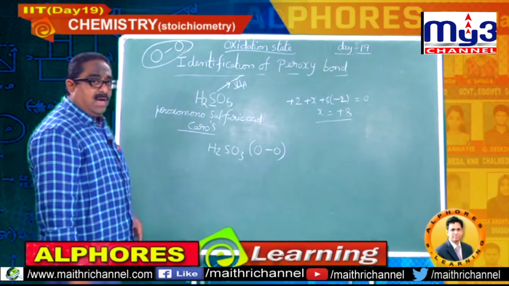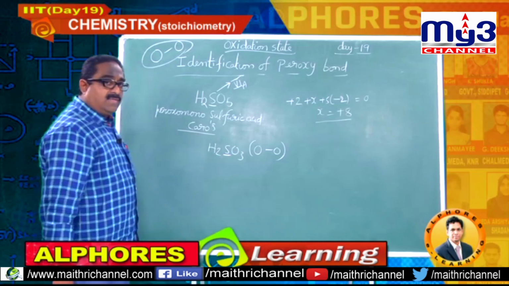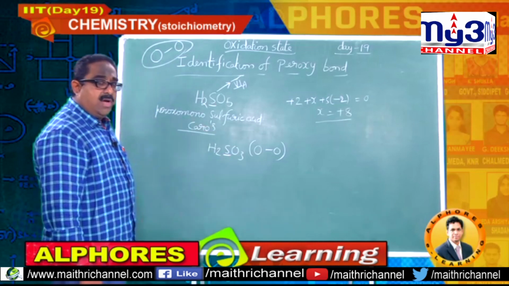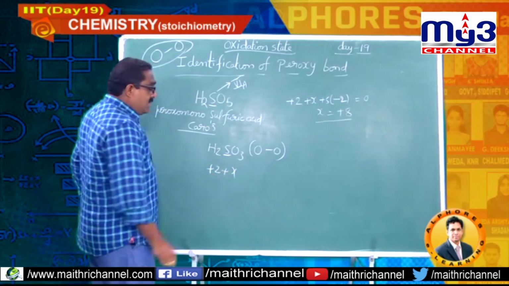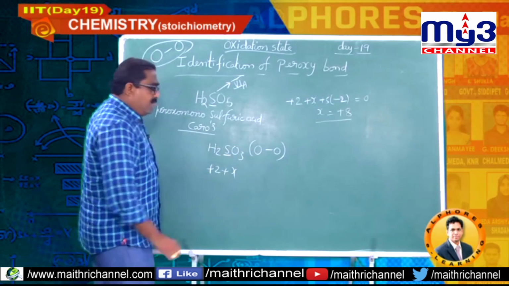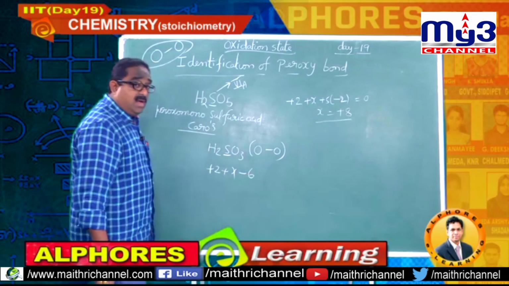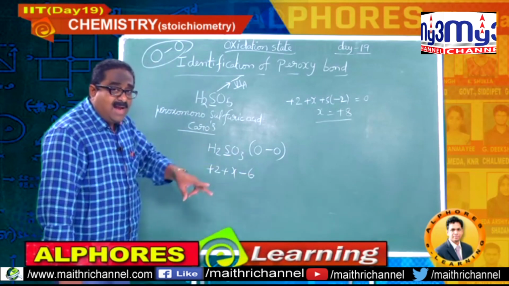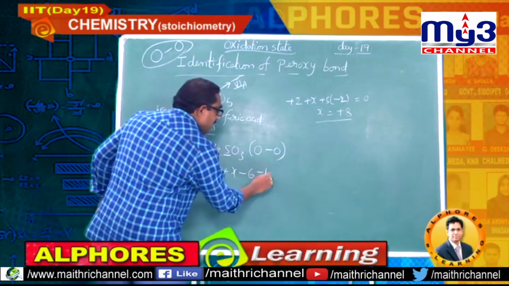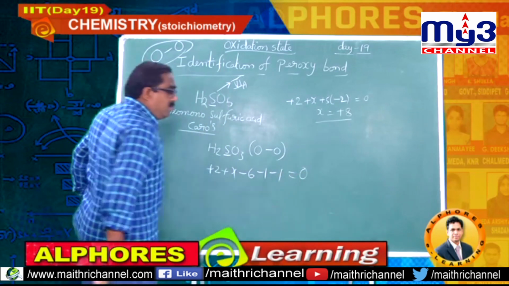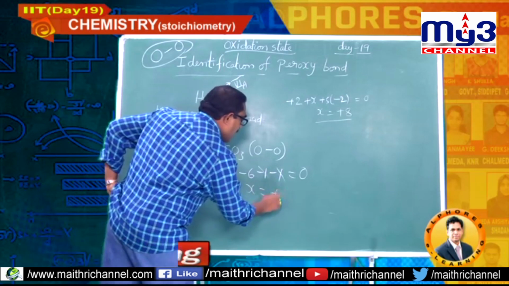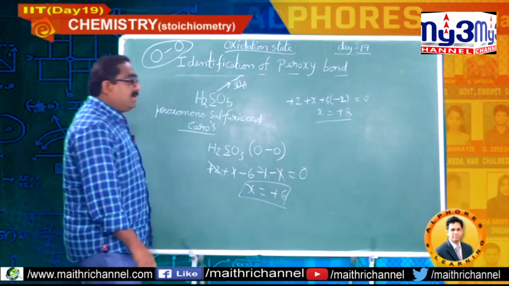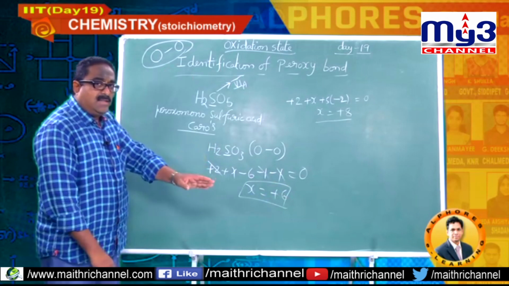Now I will do the calculation for the oxidation state of sulfur. For 2 hydrogens +2, for sulfur X, 3 normal oxygens, 3 into -2, that is -6, 2 peroxy linked oxygens, -1 each, total should be equal to 0, and finally you will get X as +6.